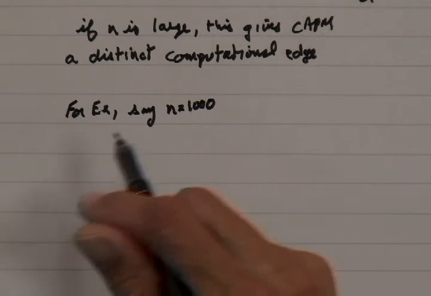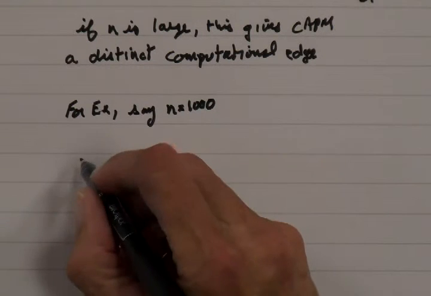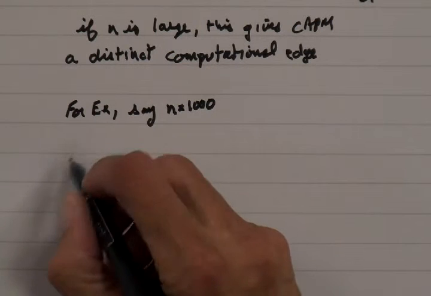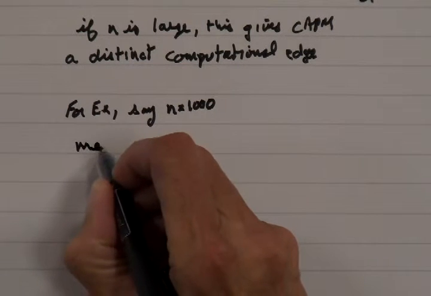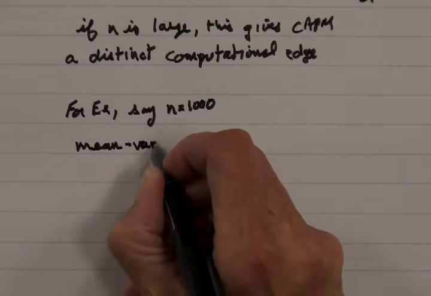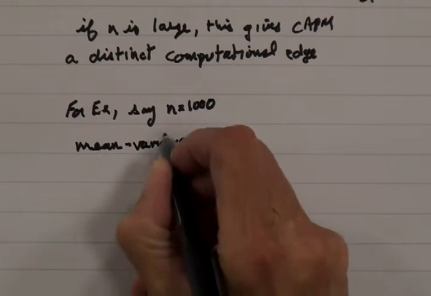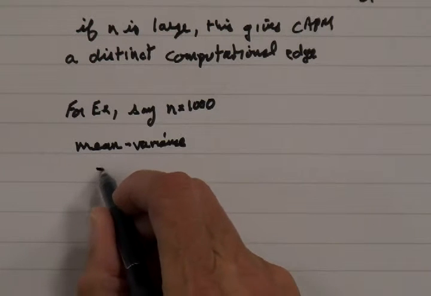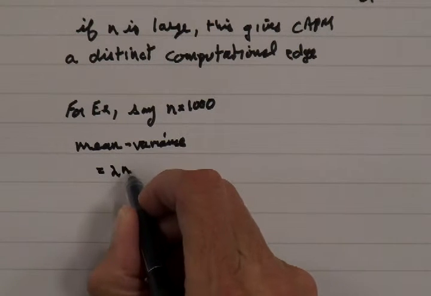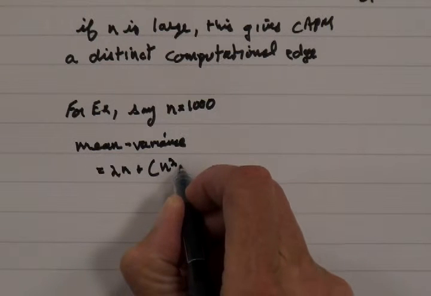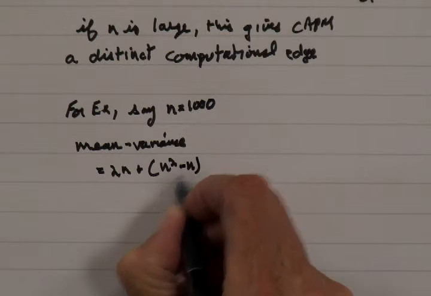But then you get what we get for mean variance. We have the number of mean variance computations equals 2 times n plus n squared minus n over 2.